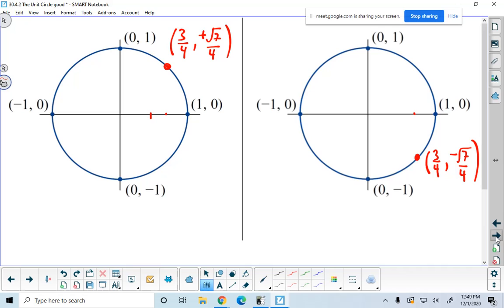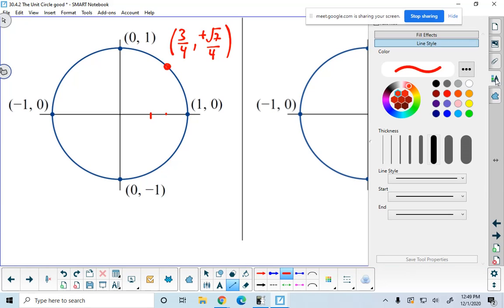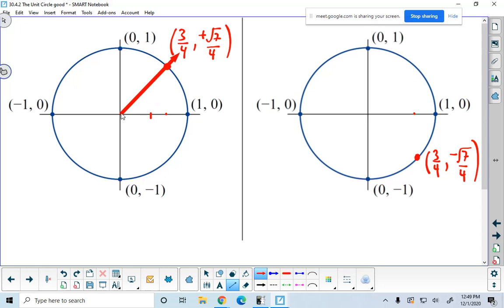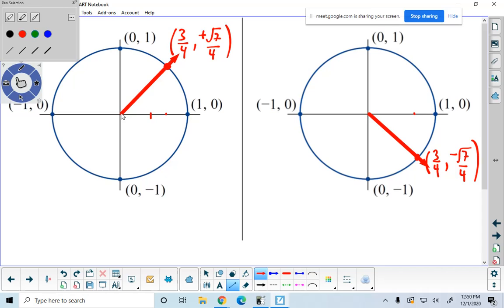We are also asked to sketch, I believe, the rotation angles. Because there are coterminal angles involved, potentially, we could label these angles in any particular way we wanted to. We could label this as theta.